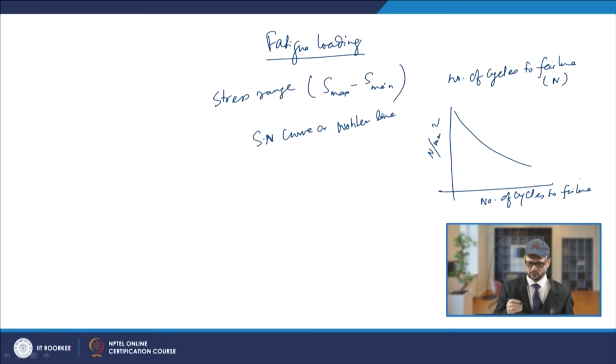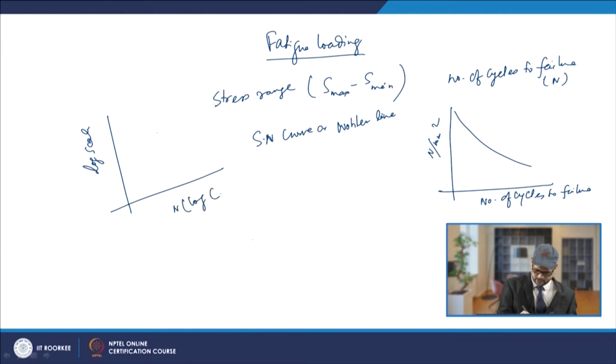So, if you plot the log plot, it will be log scale here also, and this is also in log scale. So, in those cases this comes as a straight line.